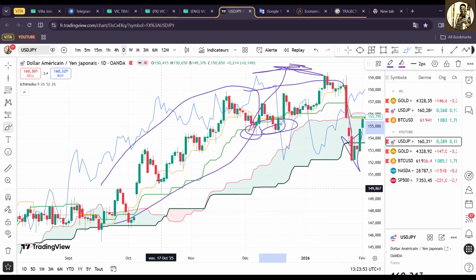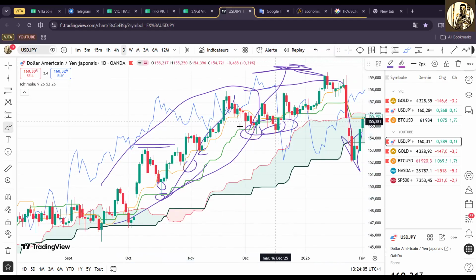It's not like Tenkan is the beginning of the trend. Even though this Kijun has been touched here, and this Kijun created a long move, many Kijuns like this one, these ones in the future, don't create a big movement. That's a little bit what I'm trying to say.